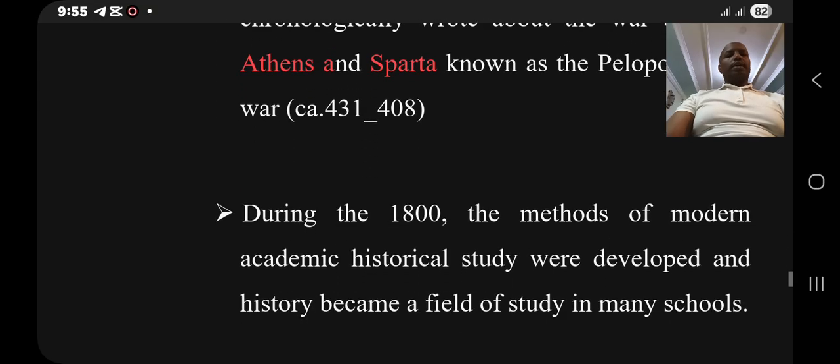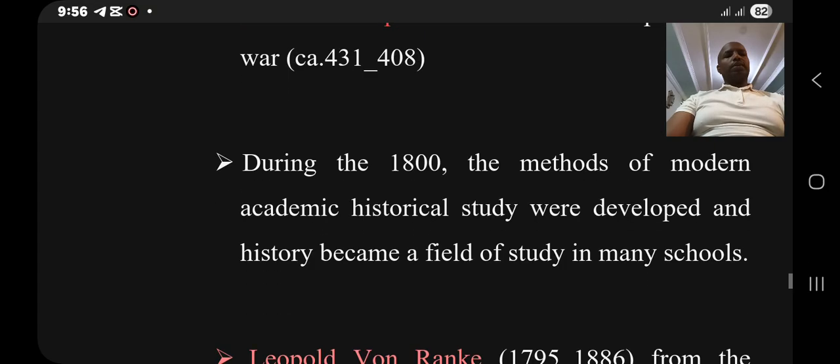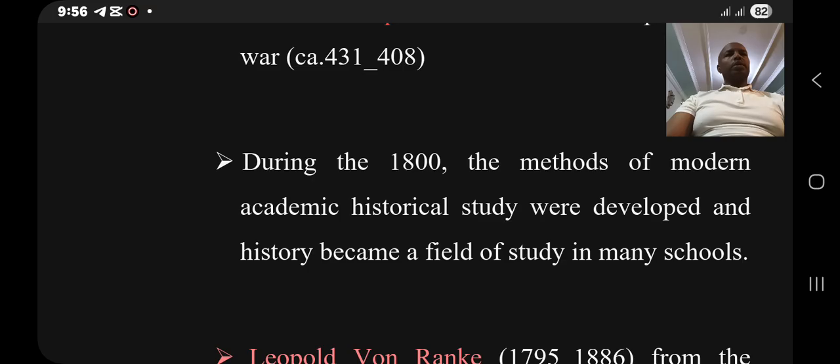During the 18th or 19th century, the methods of modern academic historical study were developed and history became a field of study in many schools. So, in the 19th century, history emerged as a discipline studied in universities.